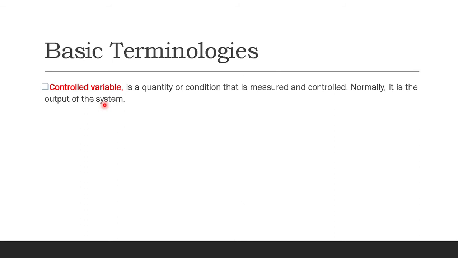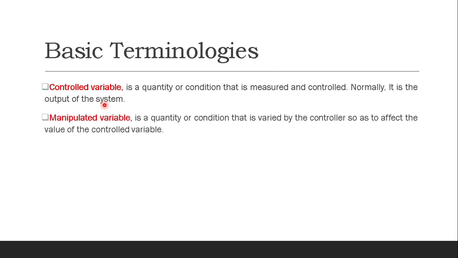But before that, let me clarify another term, that is manipulated variable. The manipulated variable is a quantity or condition that is varied by a controller so as to affect the value of the controlled variable. Both these terms, controlled variable and manipulated variable, are correlated. That is why try to understand both these terms at the same time.